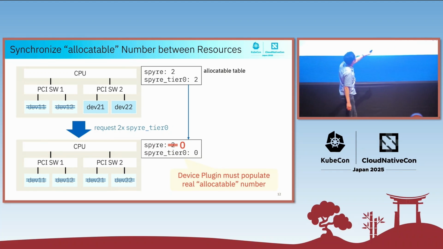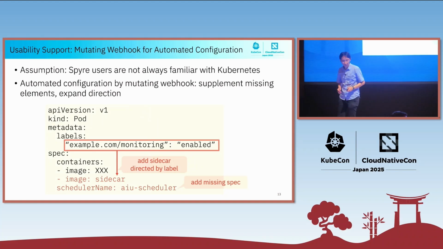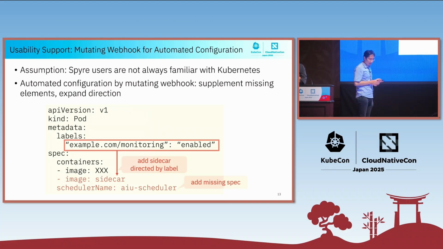But please note that Spire and Spire tier 1, both resource names, refer to the same device. So we should synchronize the number of remaining devices. If tier 1 becomes 0, then Spire also becomes 0. So the device plugin must populate the real allocatable number instead of the virtual number. When the allocation happens, the device plugin must explicitly synchronize the remaining number of devices. So that is our first idea.